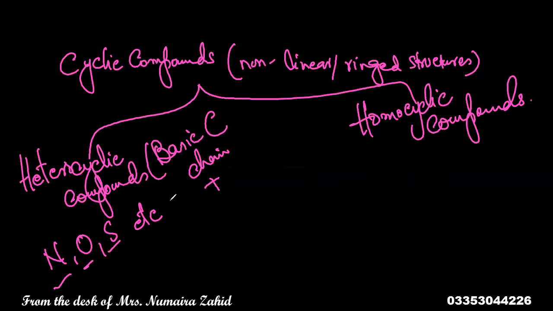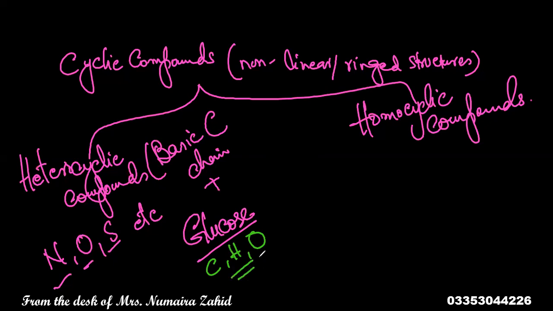We can take an example of heterocyclic compounds as glucose. Glucose can be an example of heterocyclic compound because it is containing carbon, hydrogen, and oxygen in its ring structure, in its molecule.